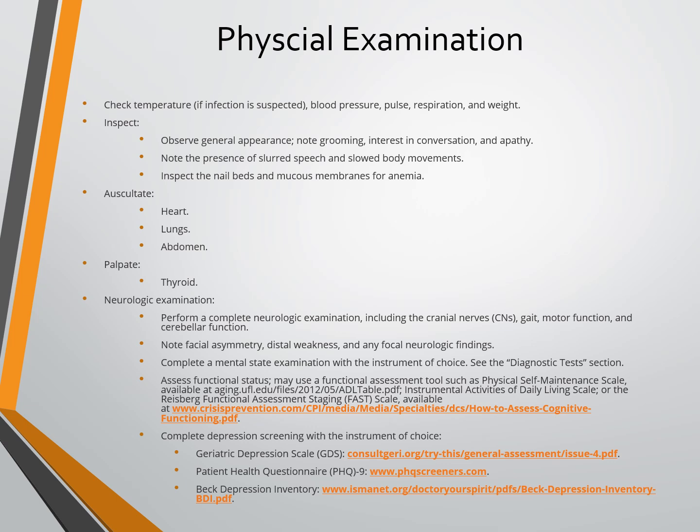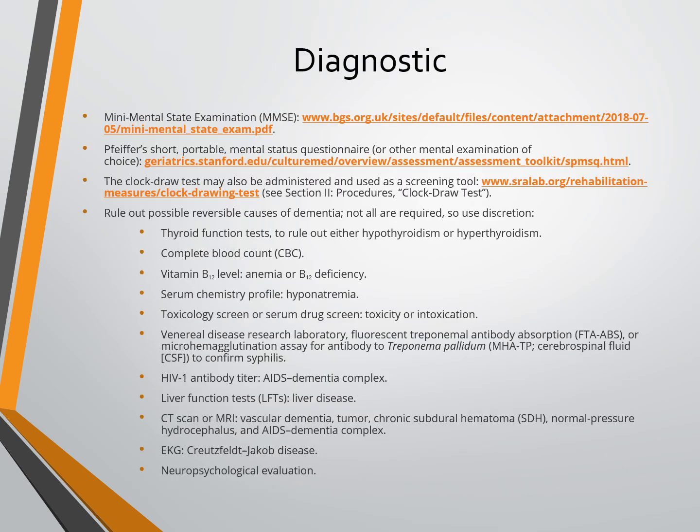There is a scale referred to as the Reisberg Functional Assessment Staging Scale. I have included the links to these different tools that you can utilize to screen your patients if you believe that your patient is experiencing dementia. Remember, these are screening tools. These are not diagnostic tools, but they will help you in evaluating your patient.